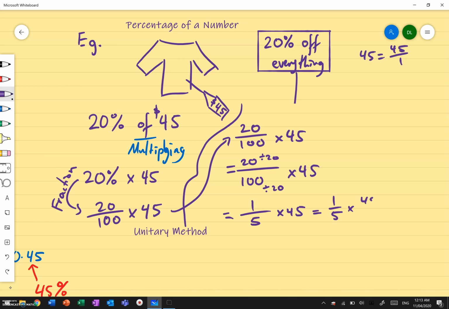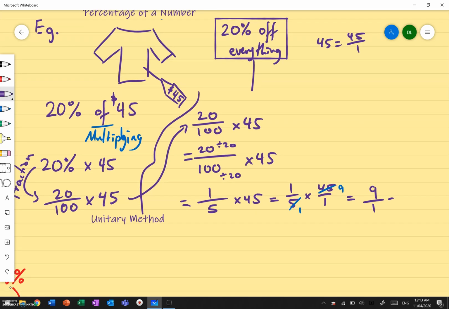I do my cancelling: I divide by 5, it gives me 1, and 45 divided by 5 gives me 9. So I end up with 9 over 1, which is the same as 9. So 20% of $45 is actually $9. That's how we calculate it.